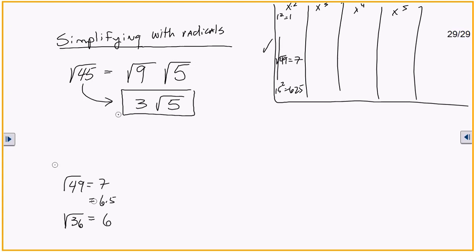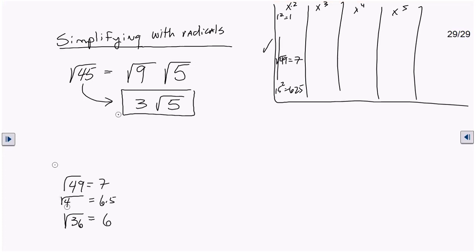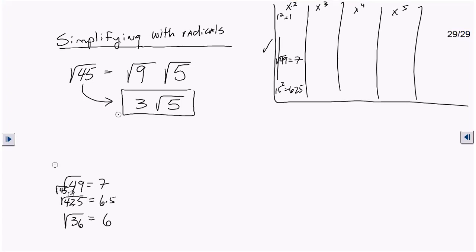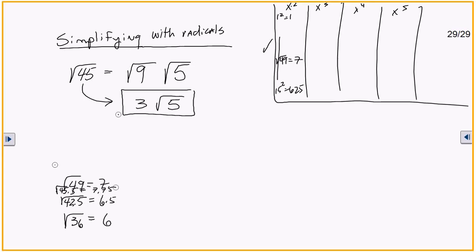Half of 13 is 6.5. So that's going to be 42.5. We want 45, so we know it's in the upper echelon. 42.5 to 49 is 7. Half of 7 is 3.5. So that gives 7.75.